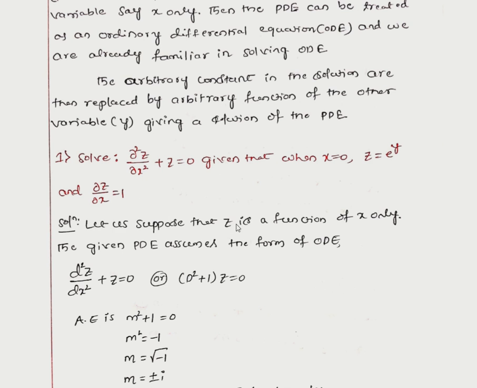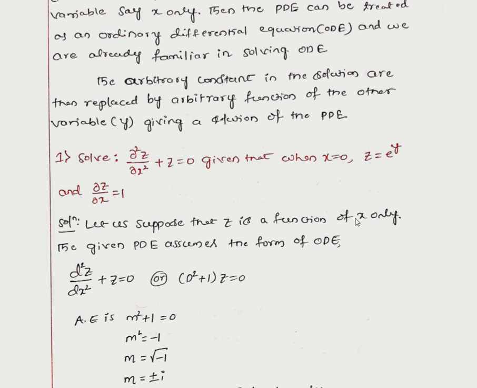Therefore, let us suppose that z is a function of x only. The given PDE assumes the form of an ODE. The PDE will become an ODE when z is a function of only one independent variable. What is a PDE? When the dependent variable is a function of more than one variable, that is a PDE.